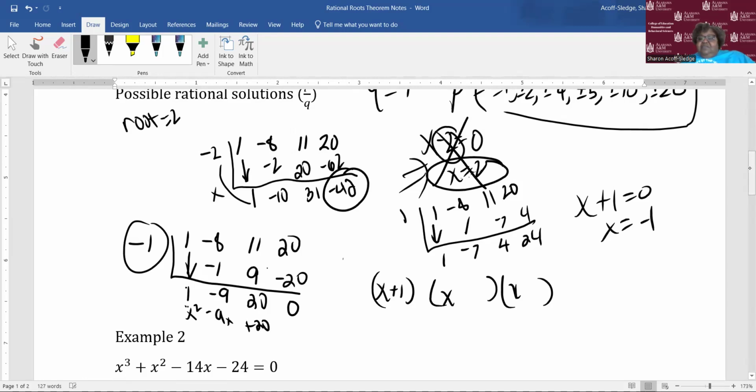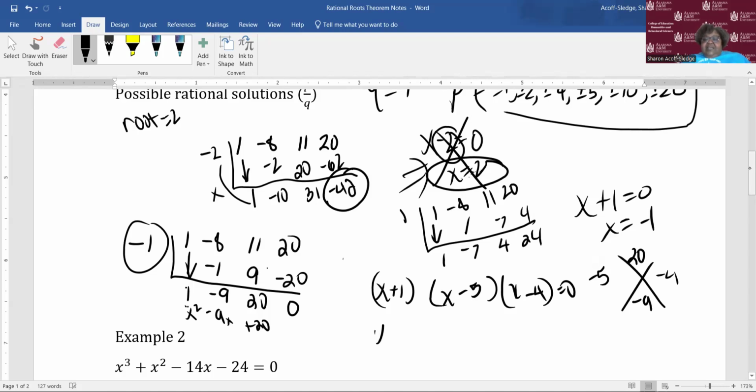So I have factors of +20 that add up to -9. And I think that's going to be -5 and -4, because if we multiply those, it's going to be +20. And if we add them together, it's going to give us -9. So we have x minus 5, x minus 4.